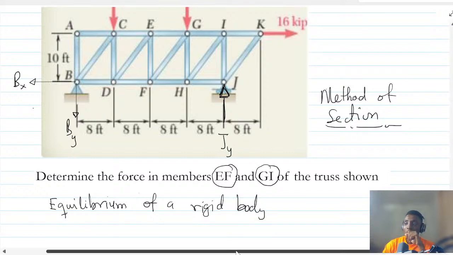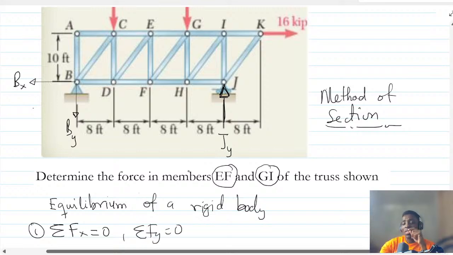If a rigid body is in equilibrium, that body must obey two conditions. Number one, summation of forces in every direction along the X is 0, along the Y is 0, along the Z is also 0.